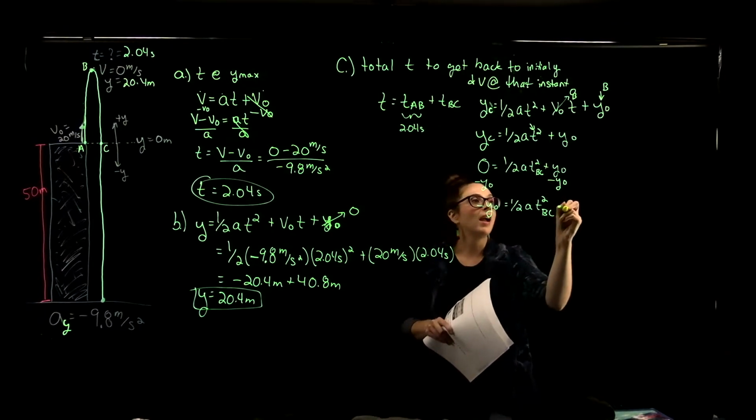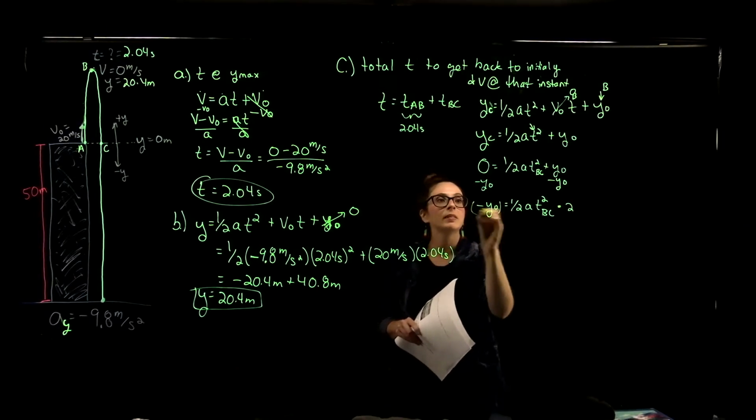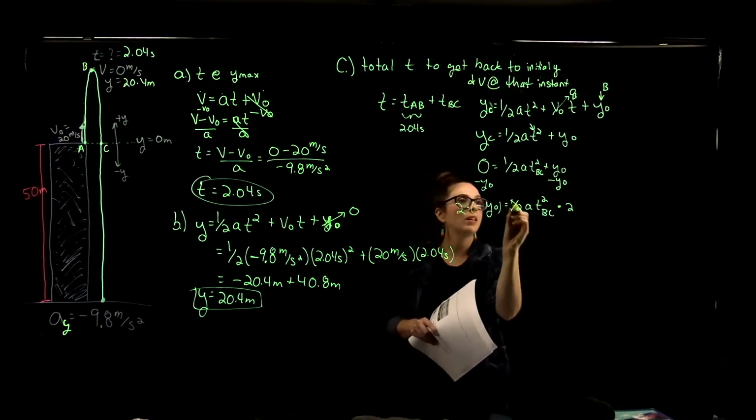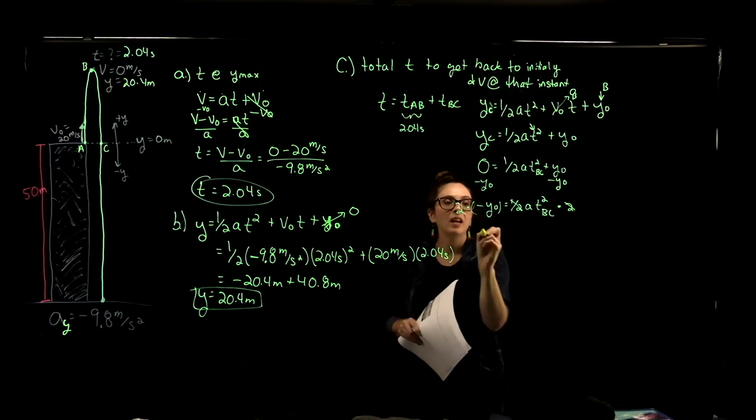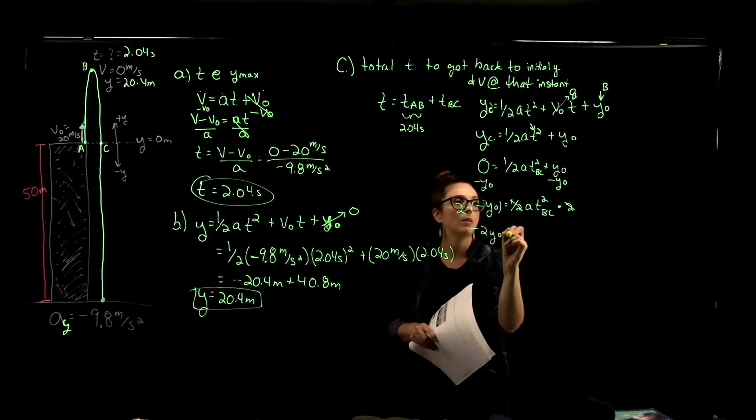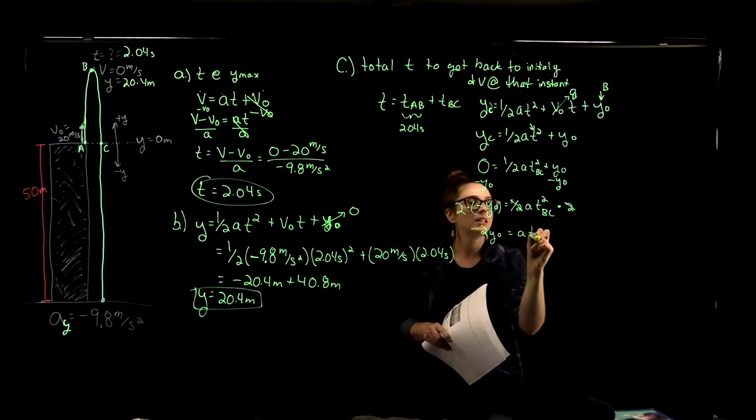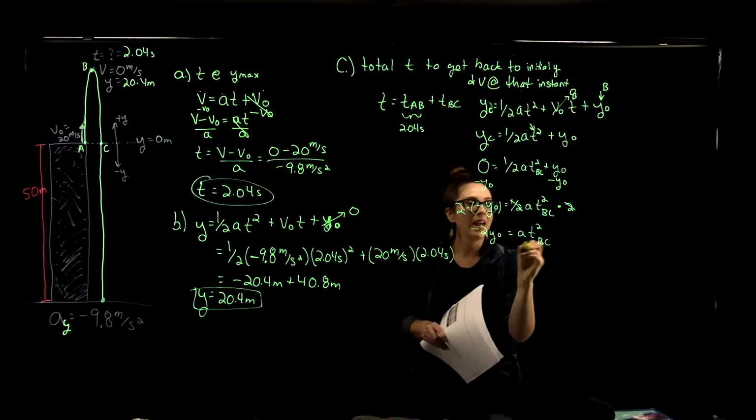If we multiply both sides by 2, we're going to get rid of this 1/2, and on this side of the equation we've got minus 2y0 equals a t squared. Okay, divide both sides by a.